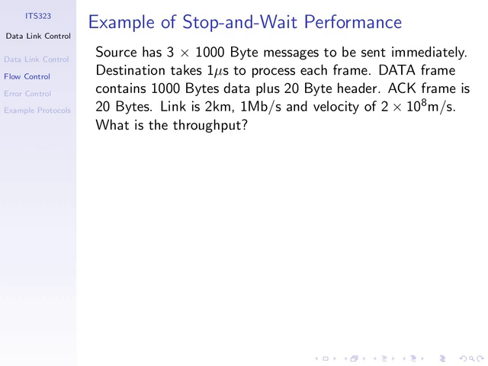The difference, if I can draw straight, is 8341. Each frame to transmit and get the ACK back takes 8,341 microseconds. So on average, we're transmitting 1,000 bytes of real data every 8,341 microseconds. And because everything's being received, we're receiving 1,000 bytes of real data every 8341 microseconds.